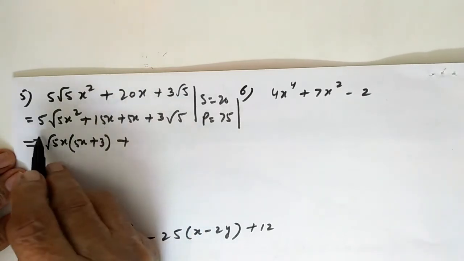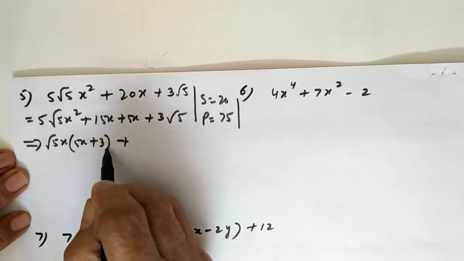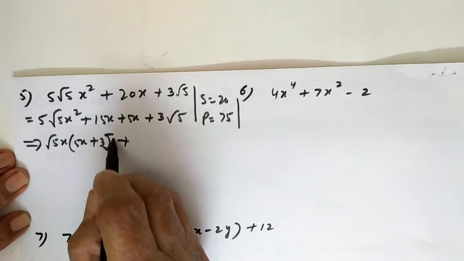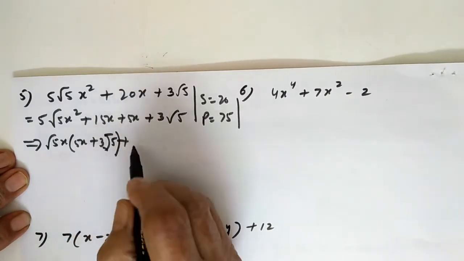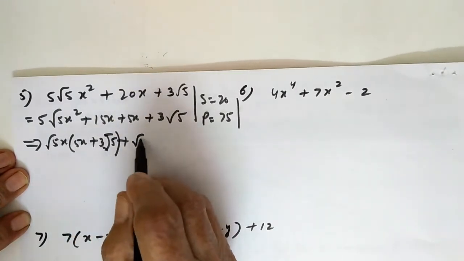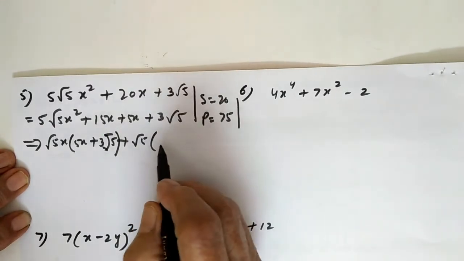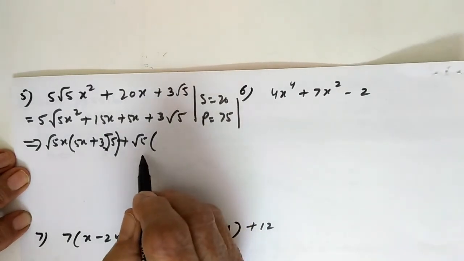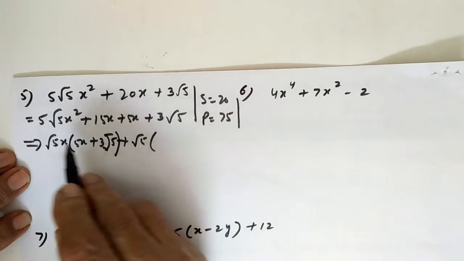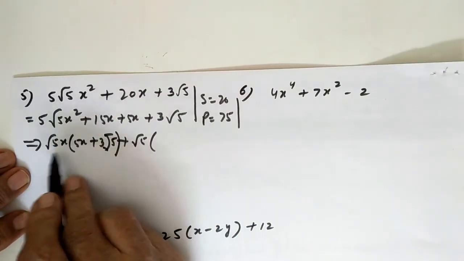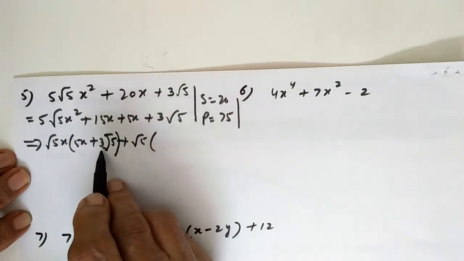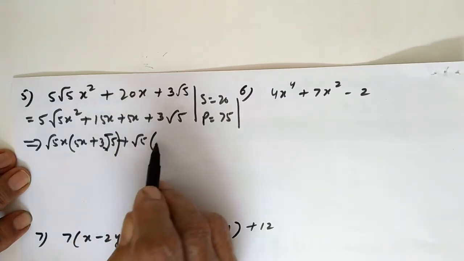The 15 becomes 3 root 5 when root 5 is taken common. Let it be like this. Again root 5 common, and this is 3 root 5.